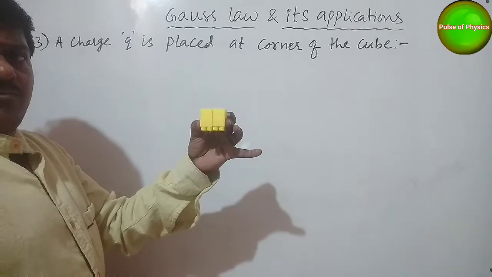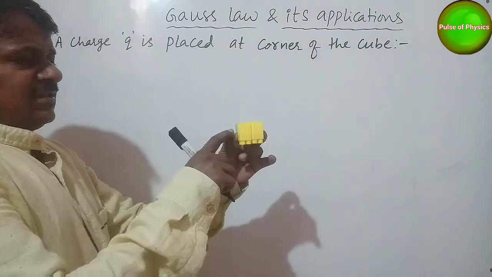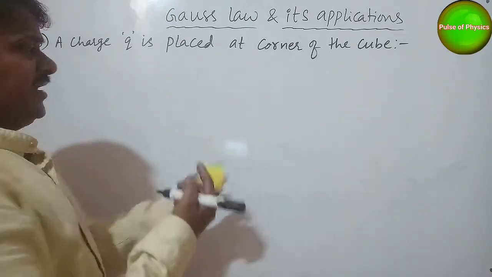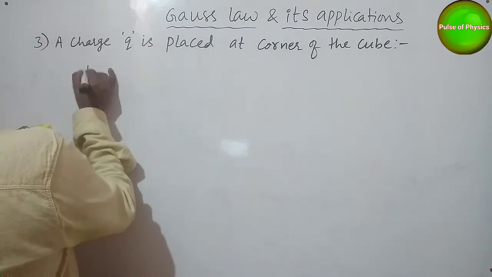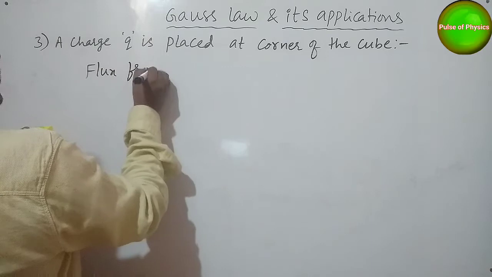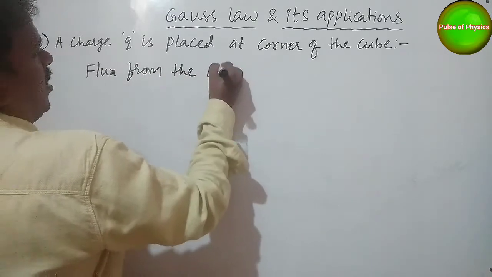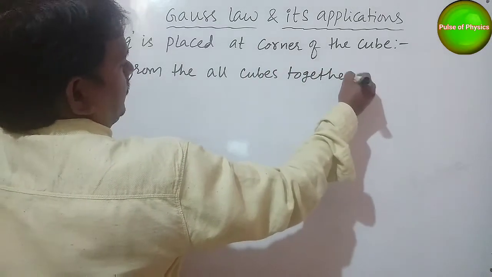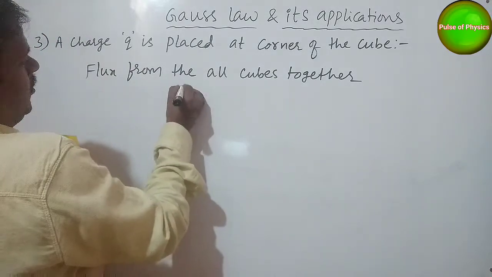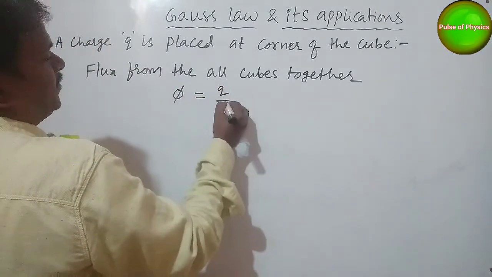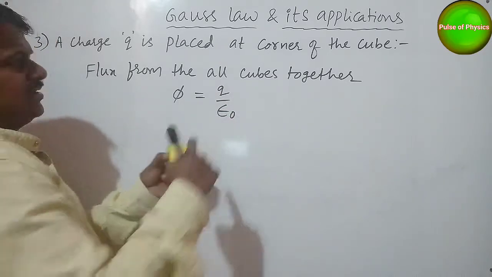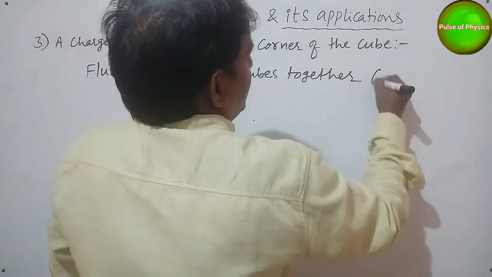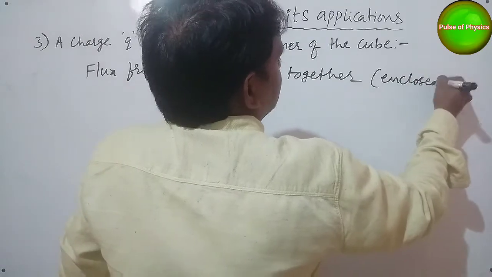Okay? Flux from all the cubes together, phi is equal to q by epsilon naught, that is all cubes closed together, that is nothing but an enclosed surface.